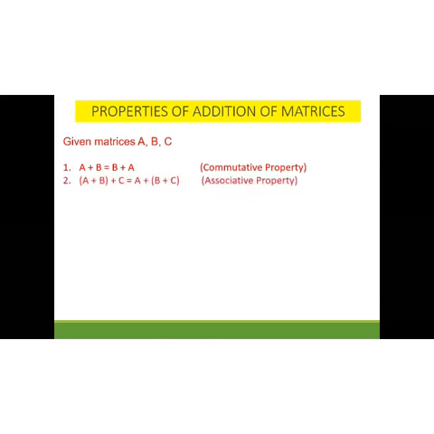A plus B plus C is the same thing as A plus B plus C. So if you decide to add the first two matrices before adding the third, or you decide to add the last two before adding the first, you should get the same answer, and that property is called the associative property. You can just pick three different matrices of the same order and try that property out.